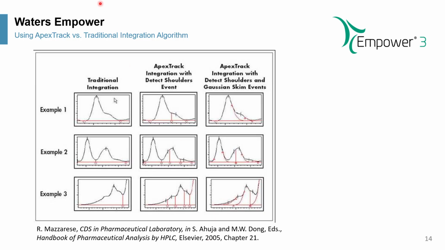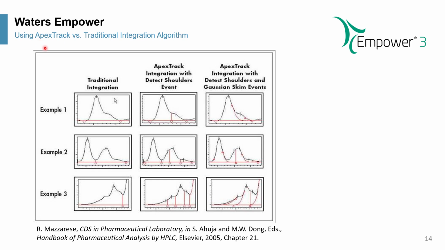Watson Power allows one to use two types of integration algorithm. One is called the traditional integration algorithm, which I described before. Now, for complex chromatograms, I would advise a user to use something called ApexTrack, which is a much more sophisticated algorithm.